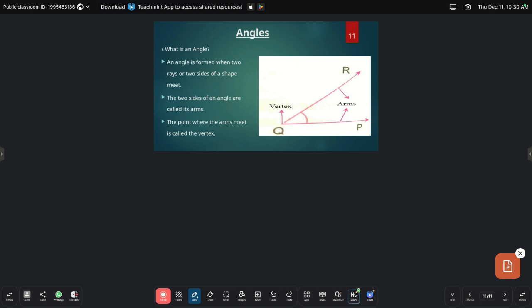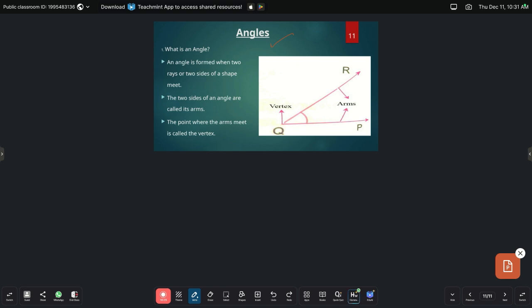Moving to the next. Now, moving to the next, that is angle. Boys, what is an angle? Again, go through the diagram and see the figure carefully. An angle is formed when two rays or two sides of a shape meet.